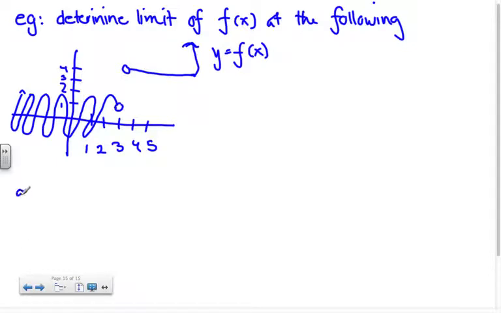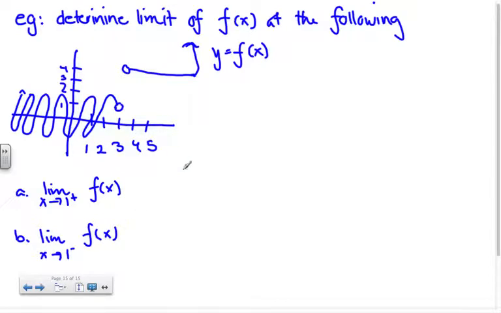So let's do A. The limit as x approaches 1 from the right of f of x. B. Limit as x approaches 1 from the left of f of x. C. The limit as x approaches 1 of f of x.